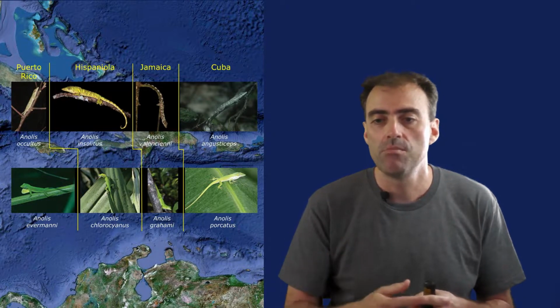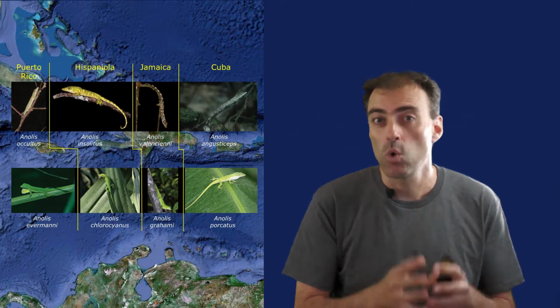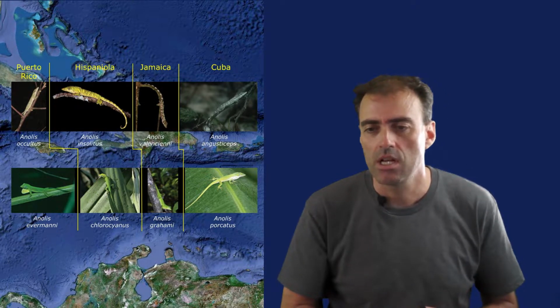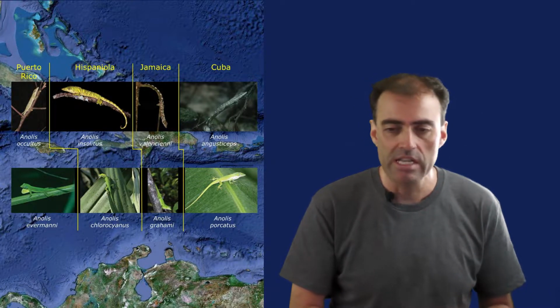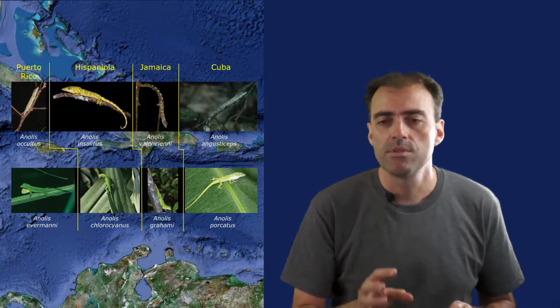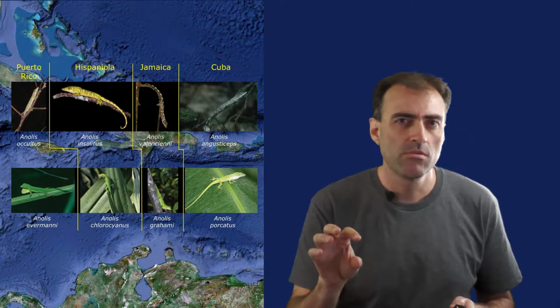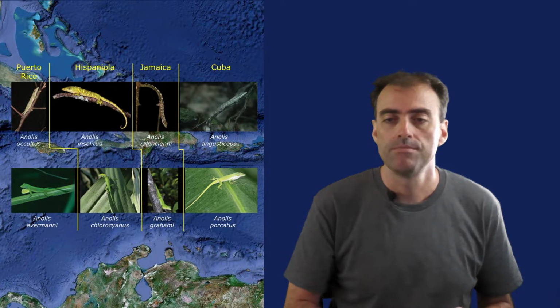And if we go over to Jamaica, we find again that the Jamaican community also has a twig lizard and also has this green lizard, although in this particular case it's hanging out on a branch just to fool us. So the point is that we've got very similar types of morphology of lizards hanging out in very similar environments on all 4 of these islands.